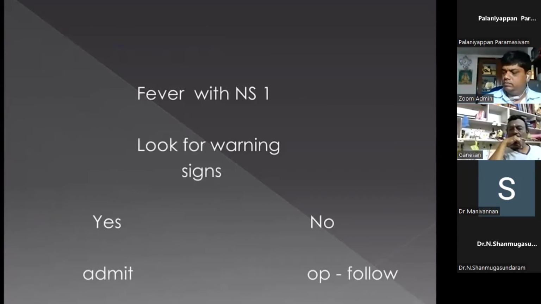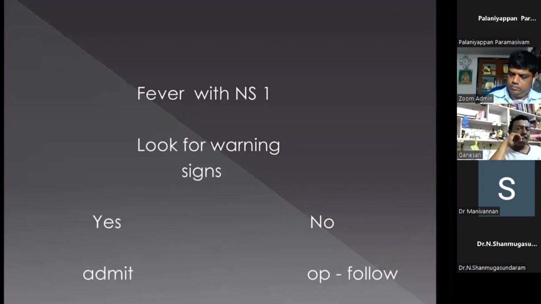So then how will you manage the child with dengue fever? Any febrile child where NS1 antigen is positive and the child is doing well, you examine the child on an OP basis and look for the warning signs. If nothing is there, every day you can ask them to report to you.